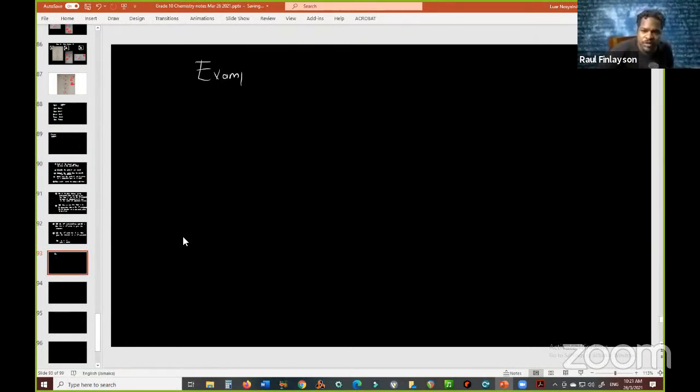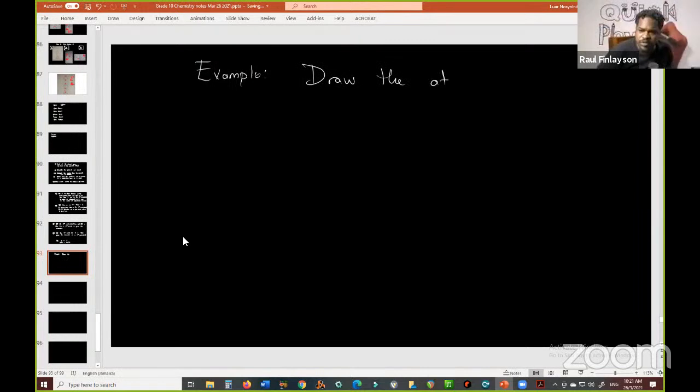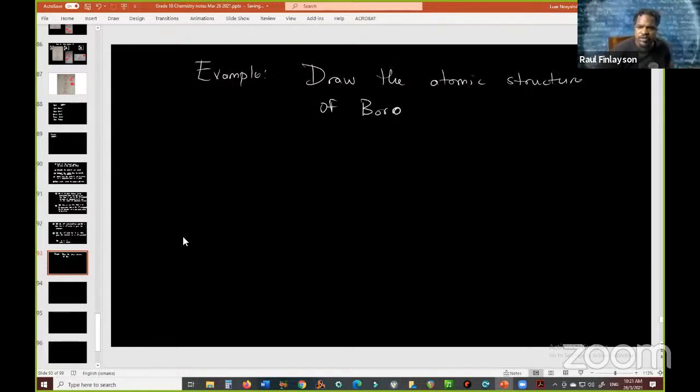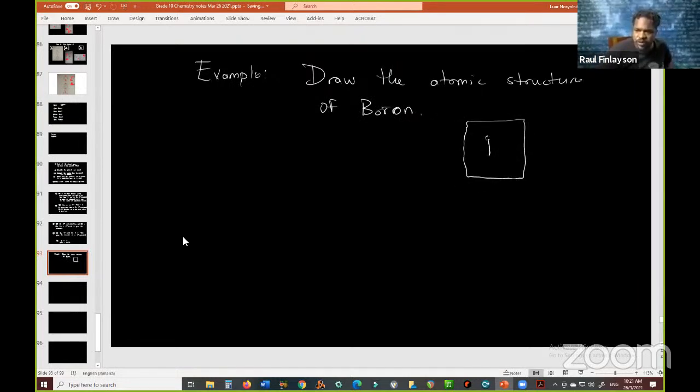Example here. You're going to draw the atomic structure of boron. The first thing now, we're going to go on the periodic table. We find boron. We're going to have 10 and we're going to have 5 there. So that's the first thing.